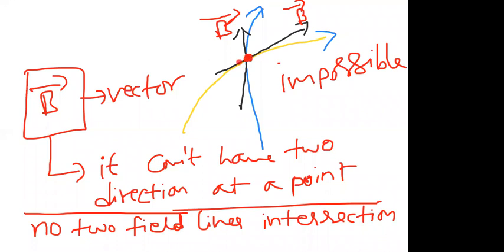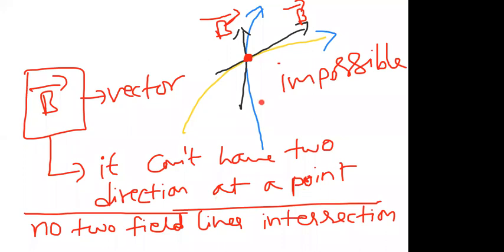For this yellow field line, I have drawn one tangent like this. For the blue line, the other field line, I have drawn the tangent like that. At the same point we can draw two tangents. That means the magnetic field would have two directions, which is impossible, because the magnetic field is a vector quantity and can't have two directions at a point.